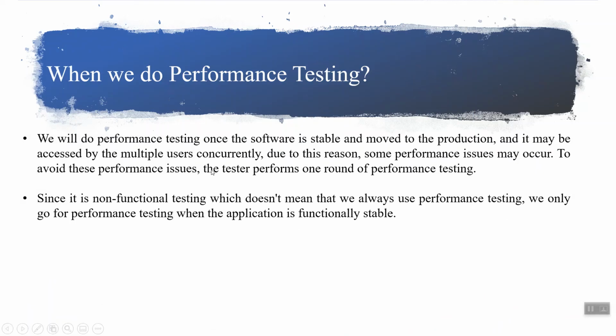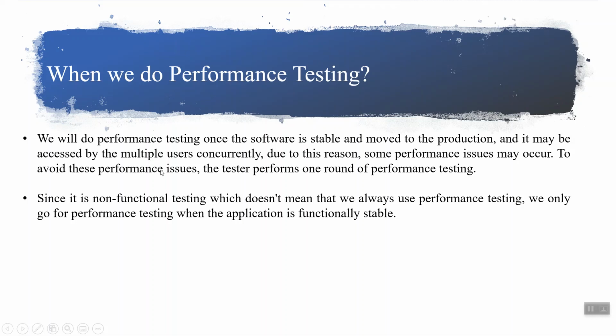The next is, when do we do performance testing? After the functional testing, after we do our system testing, then performance testing comes. We will do the performance testing once the software is stable and ready to move to production. As I said, after doing all the functionality testing, we do the performance testing.